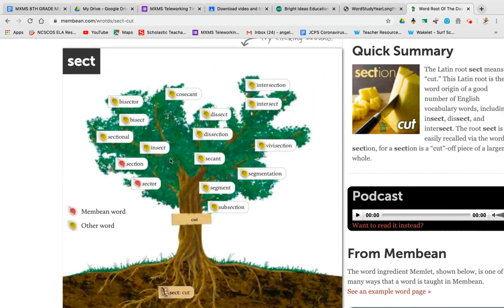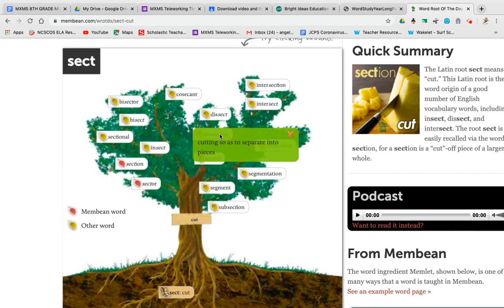And then all the branches that branch off of this tree come from the root word. See the roots? Get it? Root word, roots, root word. These words that branch from that root are all words that evolve from that root word, such as dissection.